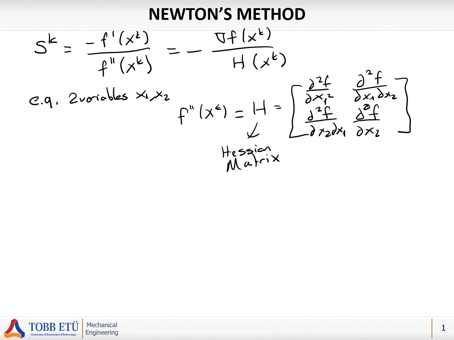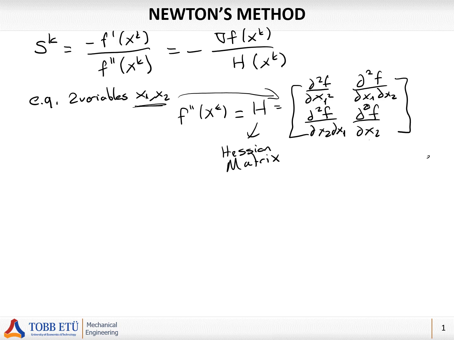So this is for two variables, and if we increase the number of variables, the diagonals will always be the individual second derivatives. For 3 variables, this will be 3 by 3. For n variables, this will be n by n.